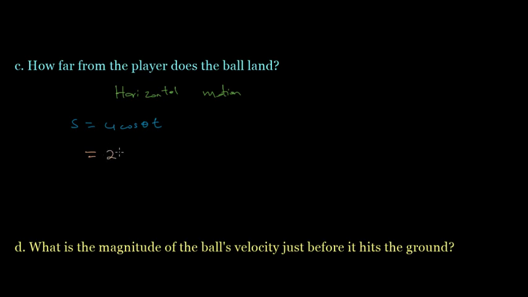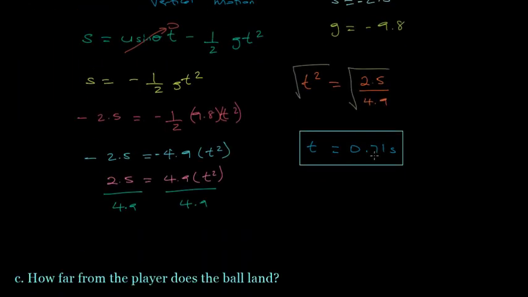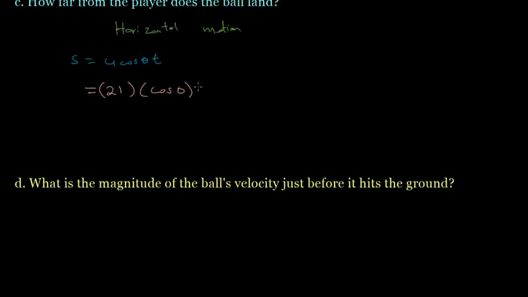So we get 21 multiplied by the cos of 0, right? And we multiply by time, which we worked out a while ago to be 0.71 seconds.